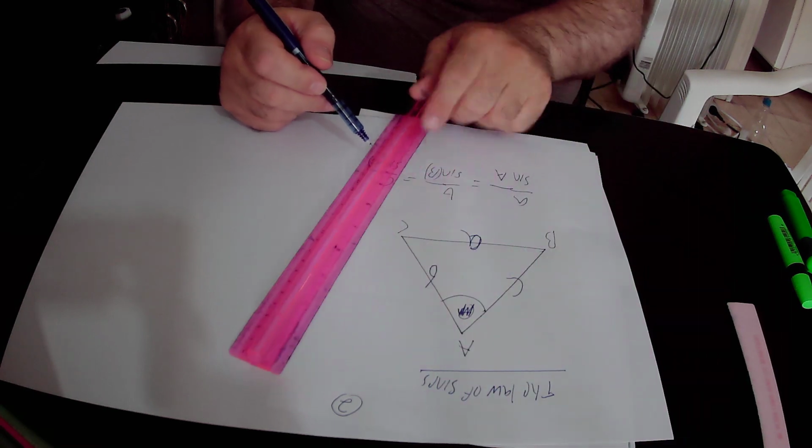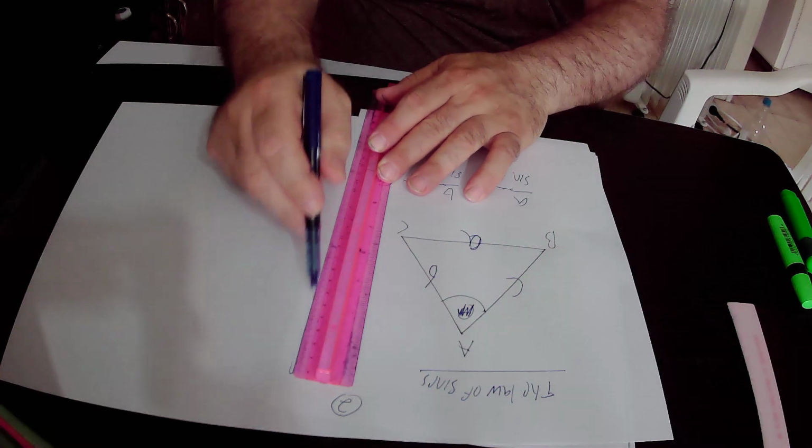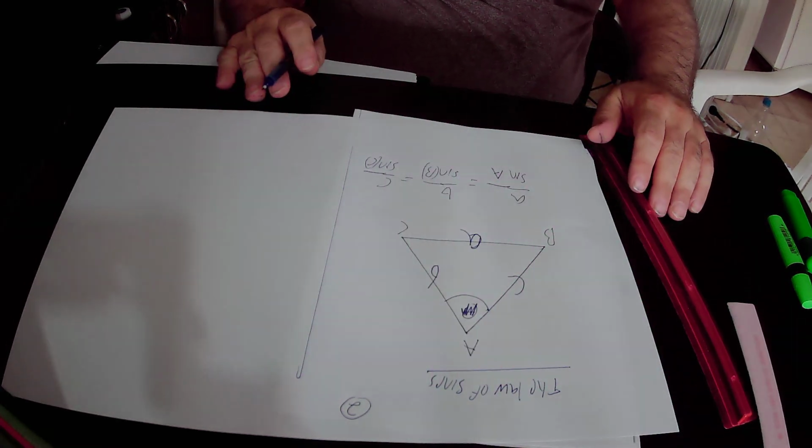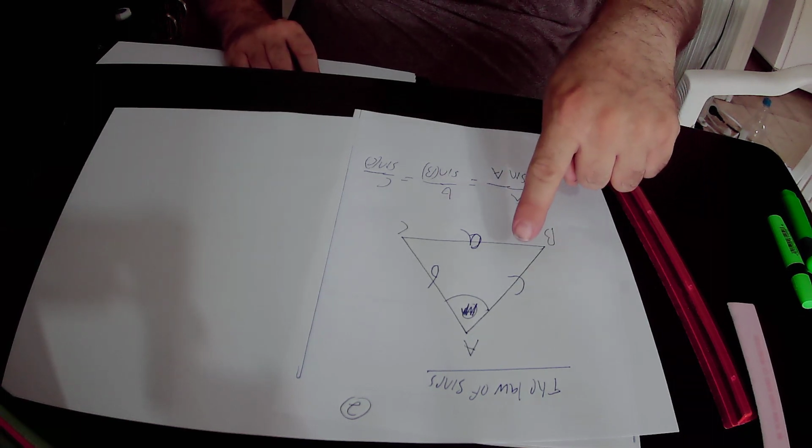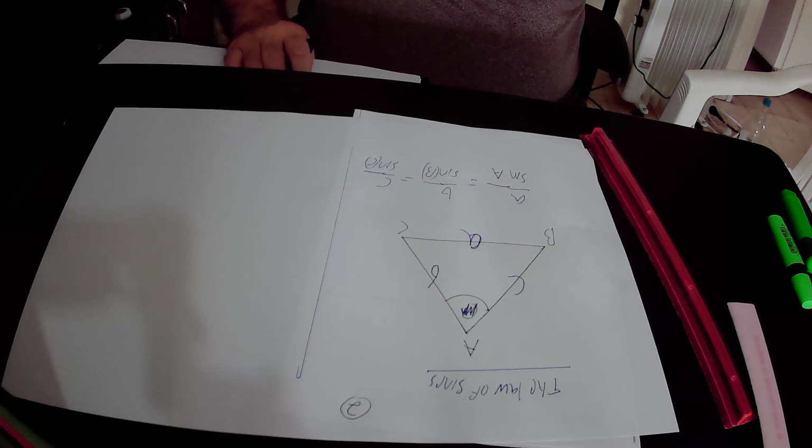Okay, so in any triangle ABC, A over sine A equals B over sine B equals C over sine C.